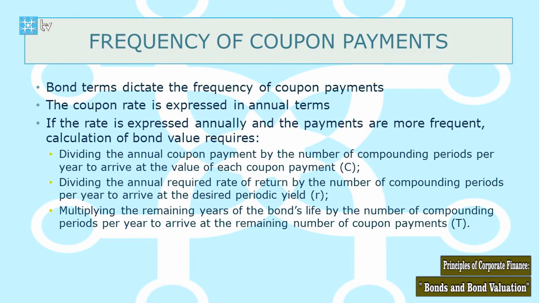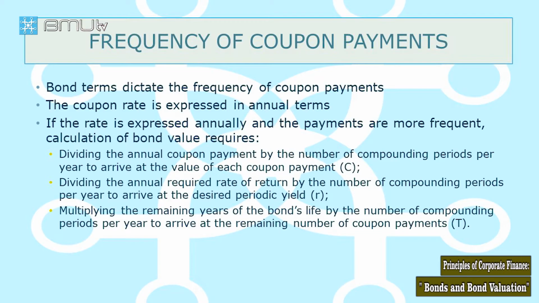We divide the annual coupon payment by the number of compounding periods per year to arrive at the value of each coupon payment, as I said, in semi-annual payments. We divide the annual required rate of return, yield to maturity, by the number of compounding periods per year to arrive at the desired periodic yield, and multiply the remaining years of the bond's life by the number of compounding periods per year to arrive at the remaining number of coupon payments.